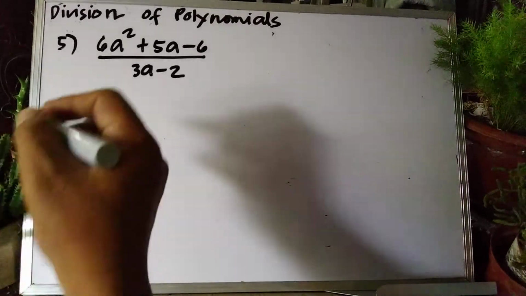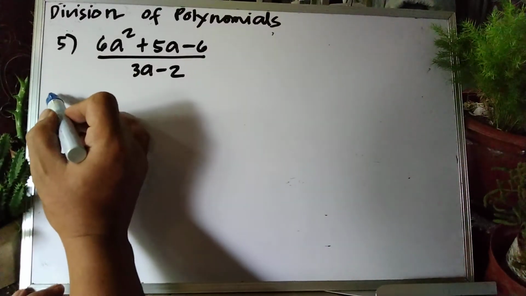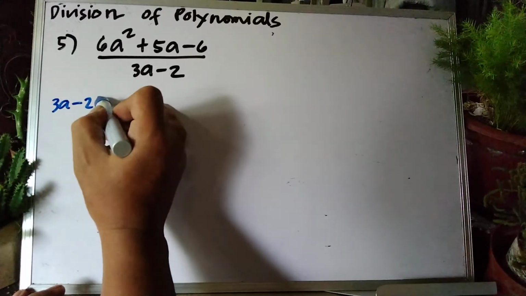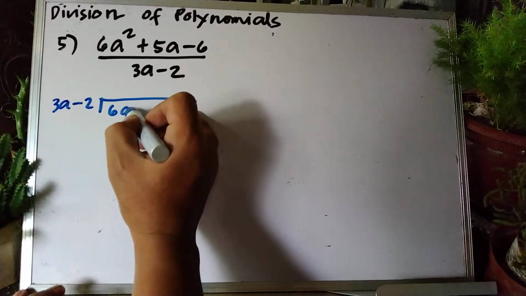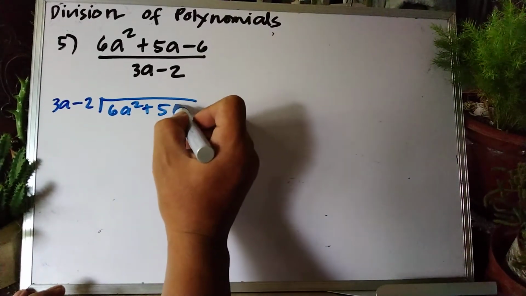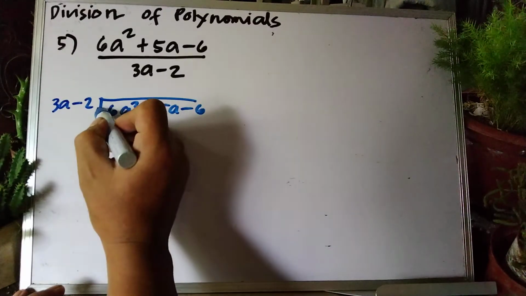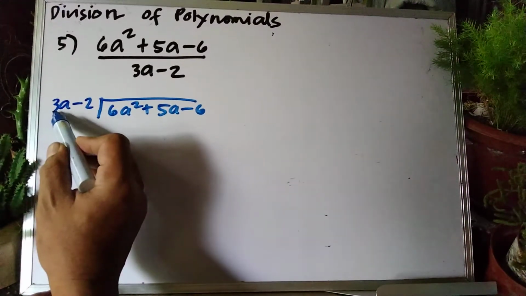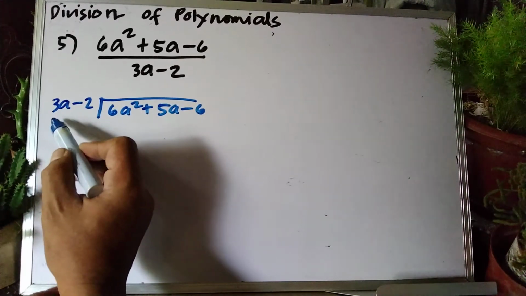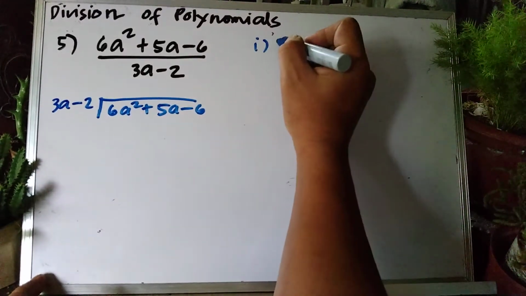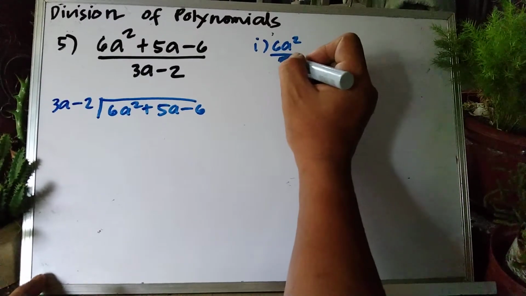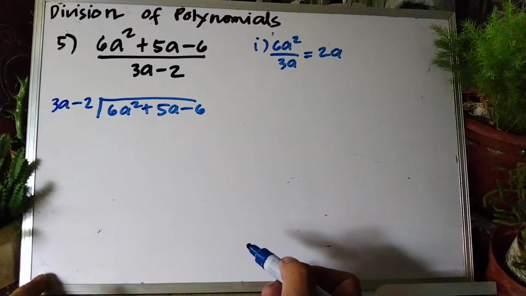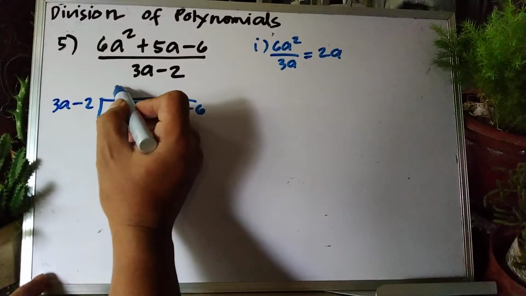Again, pareha siya sa atong gibuhat atong example number 4. Divisor, this is the dividend, 6a squared plus 5a minus 6. Okay, sige itong first step, 6a squared, we divide that to 3a. Okay? So, first step, 6a squared, we divide that to 3a, and that is 2a. Correct? Now, so we will write 2a here.